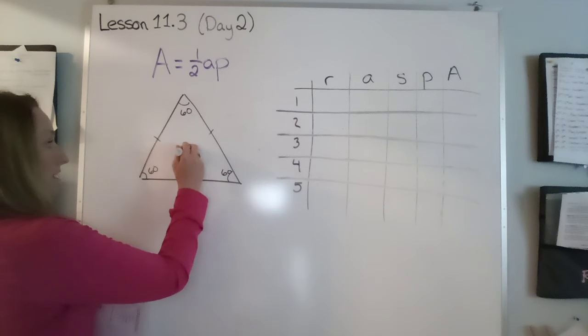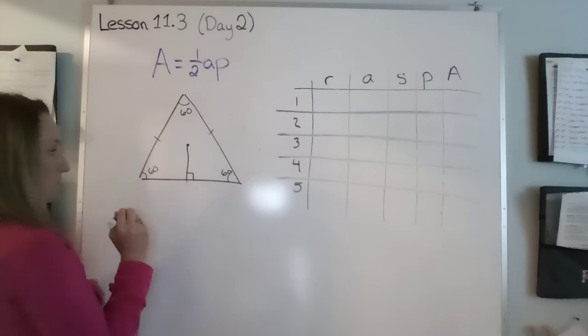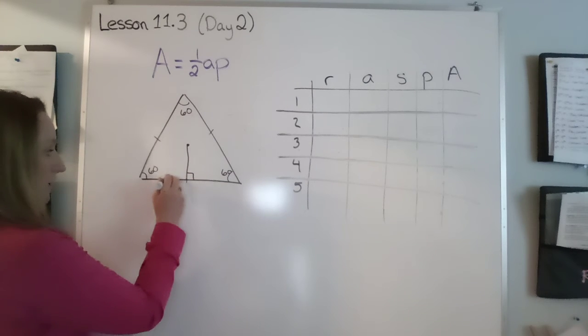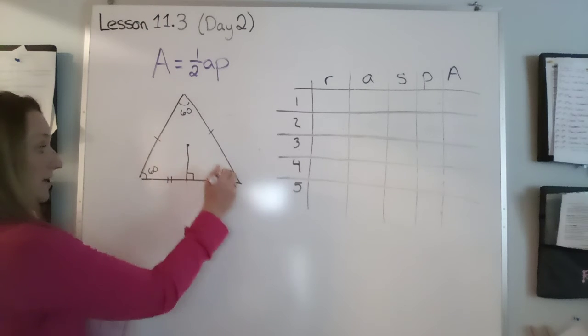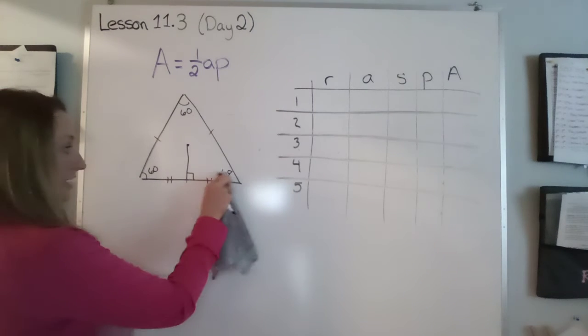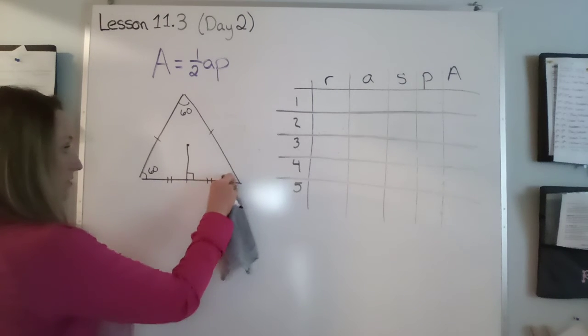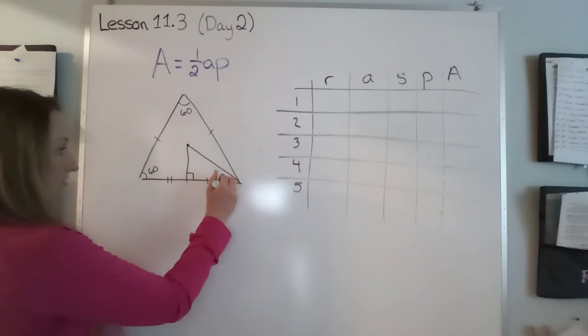All right, and then if we draw in the apothem, which goes straight down to one of the sides, it's perpendicular and it bisects the side. And then if I draw my radius, it's going to end up bisecting this angle down here. So when I draw my radius in, I have a 30-degree angle.